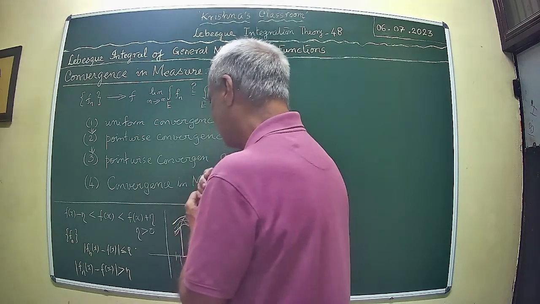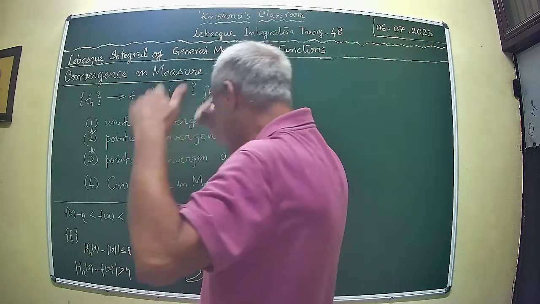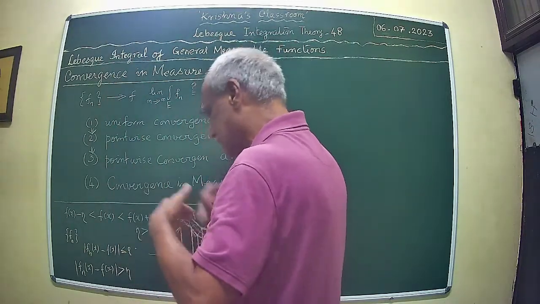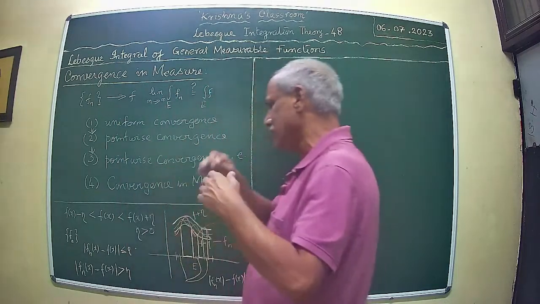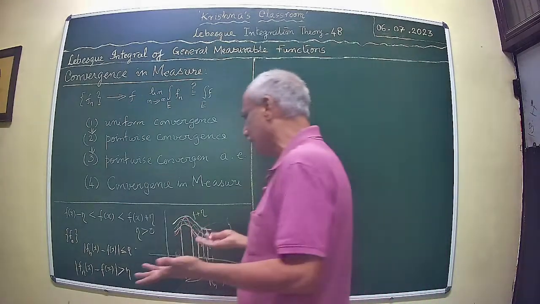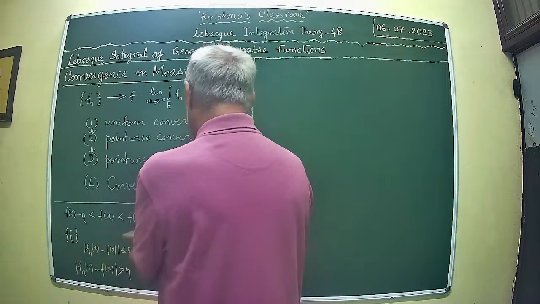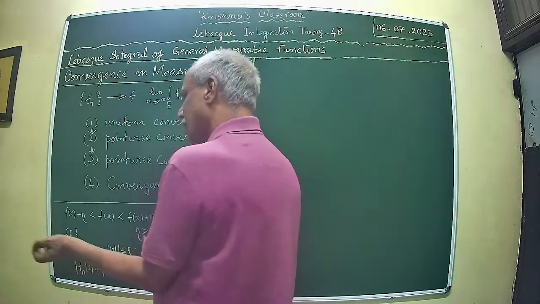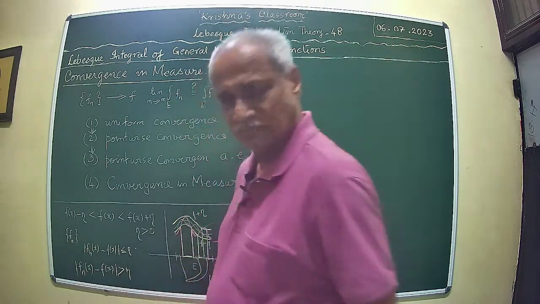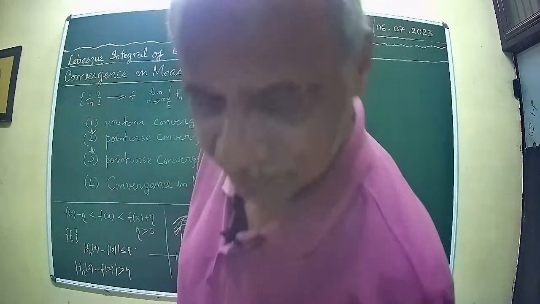That means from some stage onwards, for each x, the set of points where the difference between Fn(x) and F(x) is greater than eta would have measure 0. So let us now formulate the definition properly.